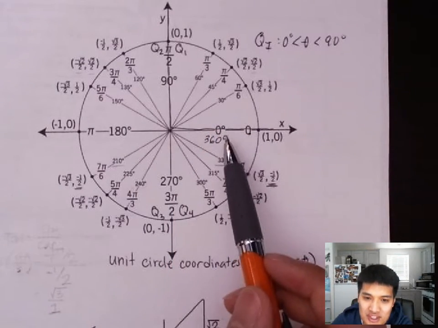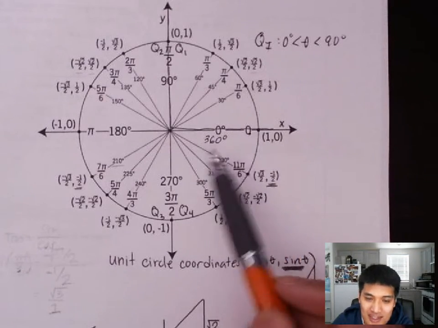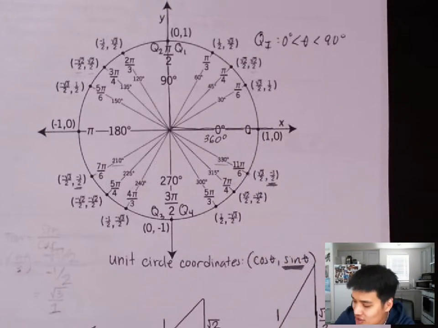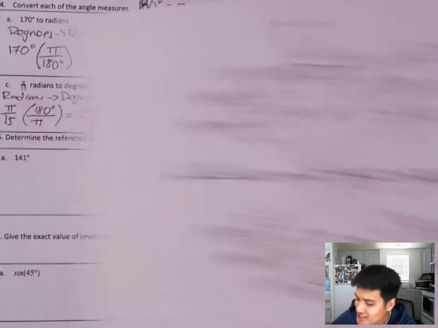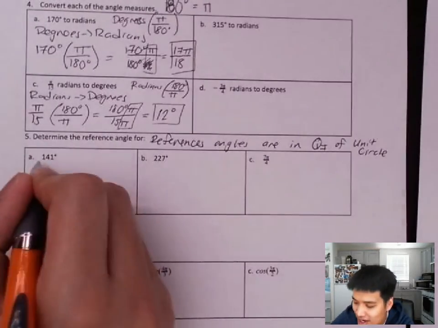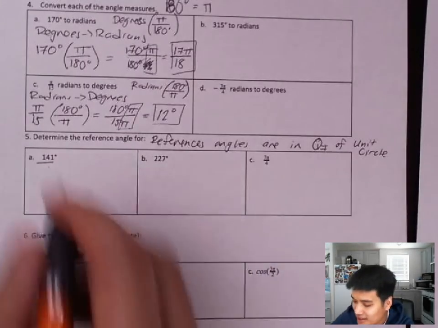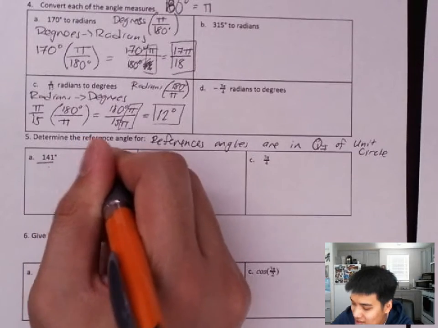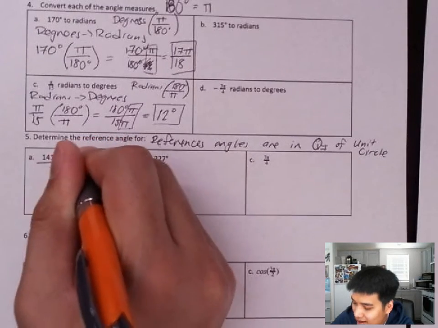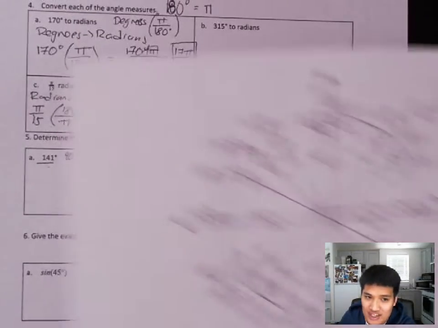So 0 degrees and 360 degrees will give you the same exact values because they're in the same exact spot in the unit circle. In this case, I have 141 degrees. That's going to be in quadrant 2 because 141 degrees is between 90 and 180 degrees. But how do I determine the reference angle?